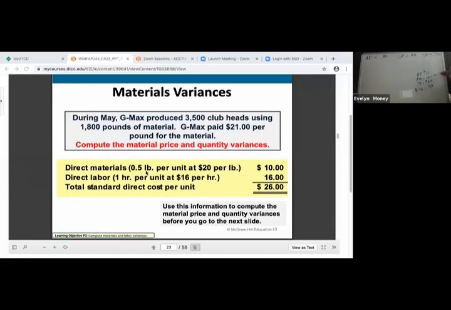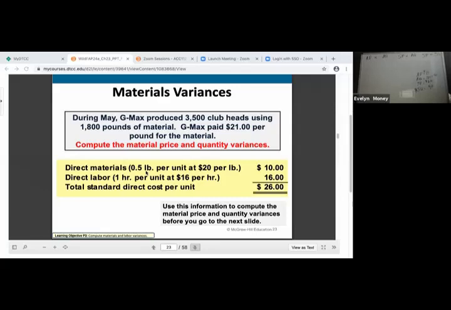Now, I am supposed to be comparing actual price with standard price, actual quantity with standard quantity. What does this really mean? When it came to materials, because I'm making club heads, I wanted to pay $20 per pound, but I ended up paying $21 per pound. Now, I paid more than what I planned to pay, but that does seem reasonable.